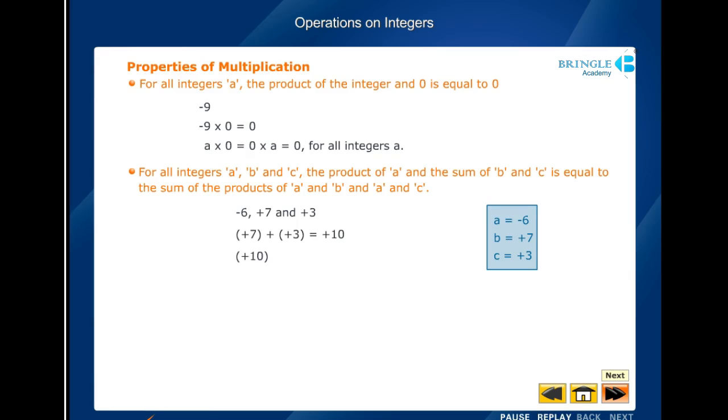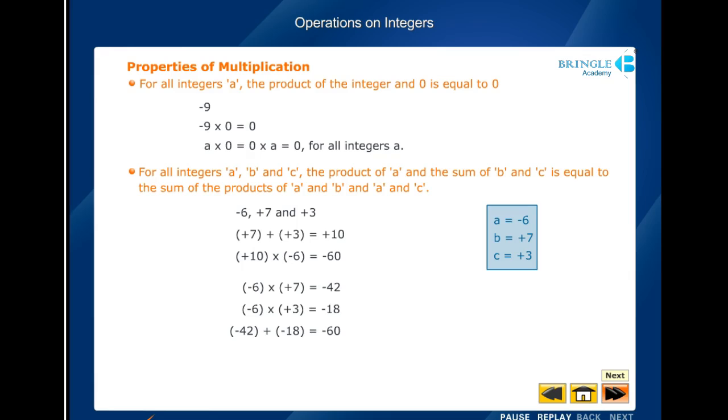The product of plus 10 and minus 6 is equal to minus 60. The product of minus 6 and plus 7 is equal to minus 42. The product of minus 6 and plus 3 is equal to minus 18. The sum of minus 42 and minus 18 is equal to minus 60.